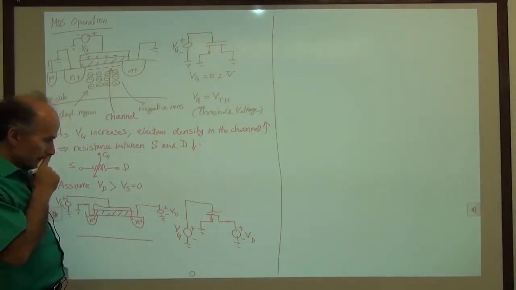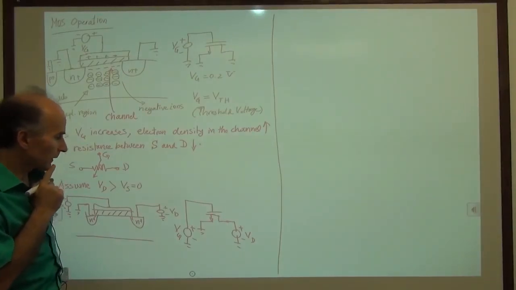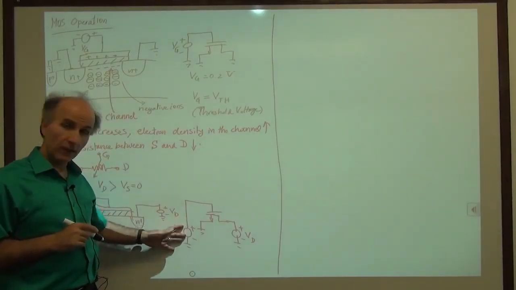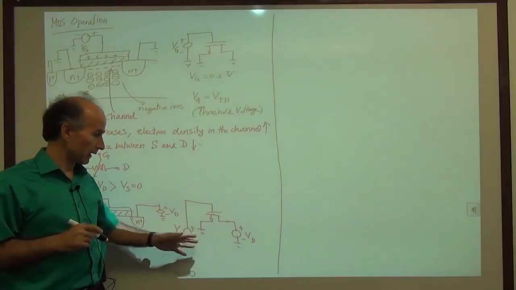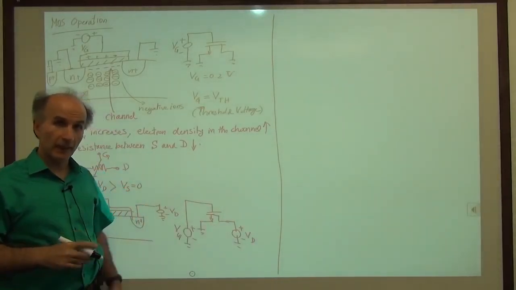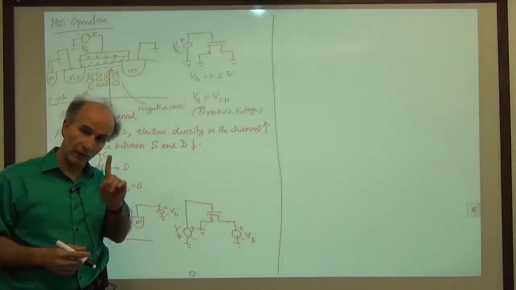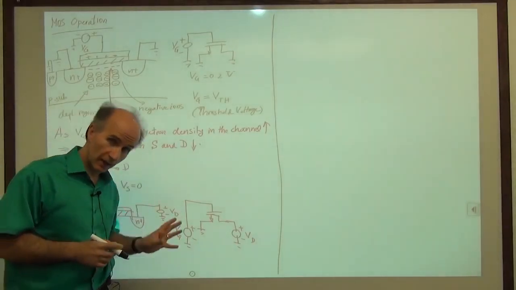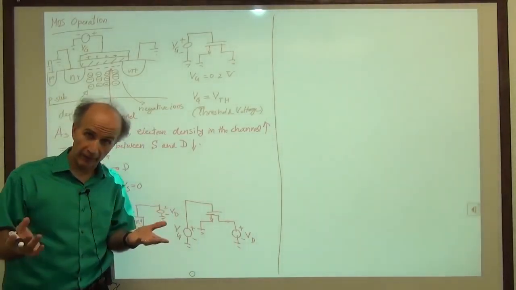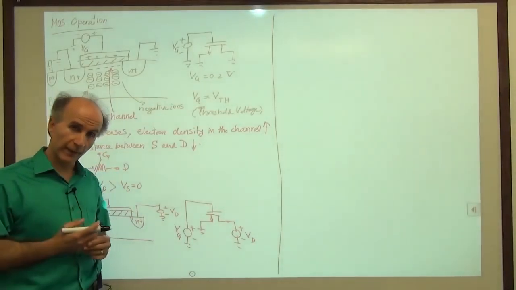Okay, so now what I need to do is vary VG, see what happens, vary VD, see what happens. And to avoid confusion, we vary only one of them. So we keep one of them constant at a reasonable value, and we vary the other one to see what happens.